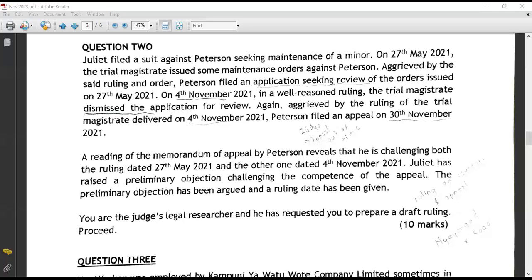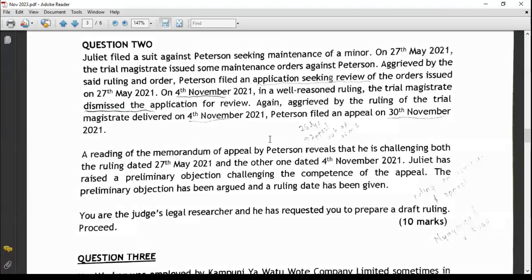So, if you are to answer this question, you must know, first of all, what are the contents of a ruling. What are the contents of a ruling? The contents of a ruling, of course, are found in the Civil Procedure Rules.